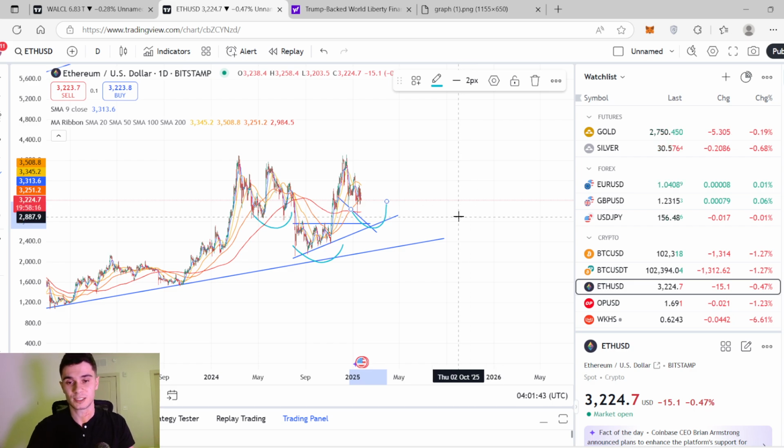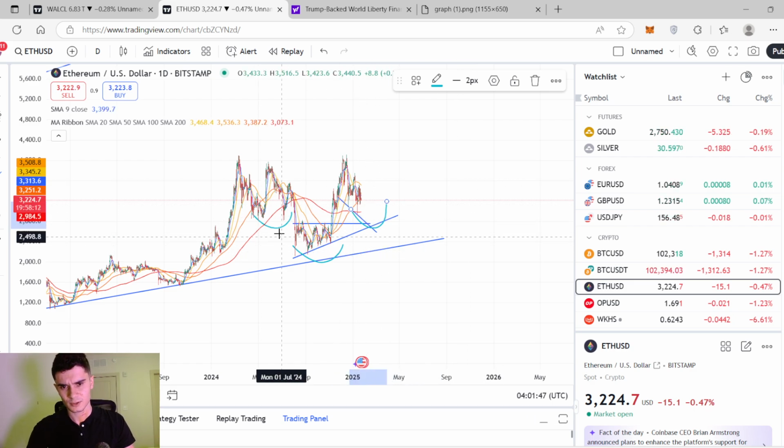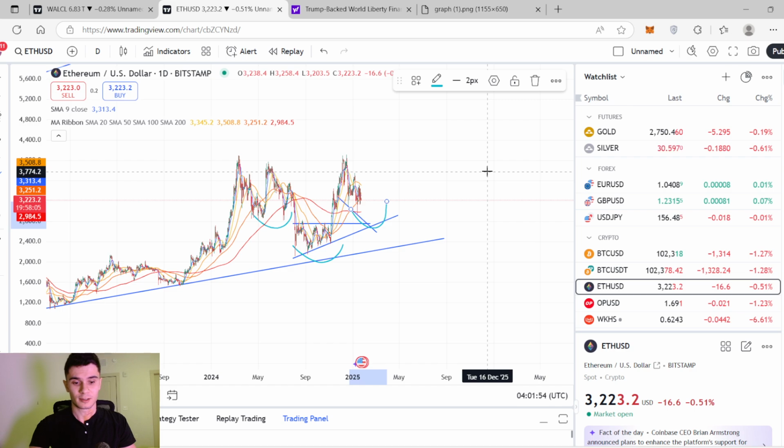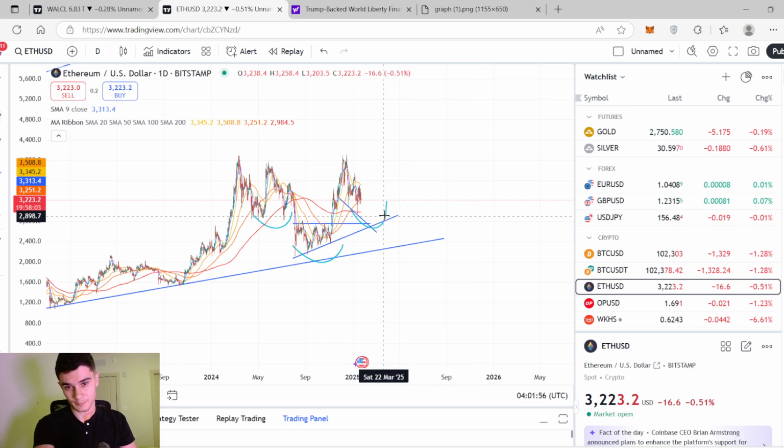Okay, so this is a reversal of a down move. Hopefully it plays out and Ethereum goes up. But again, it might take some time for it to play out.